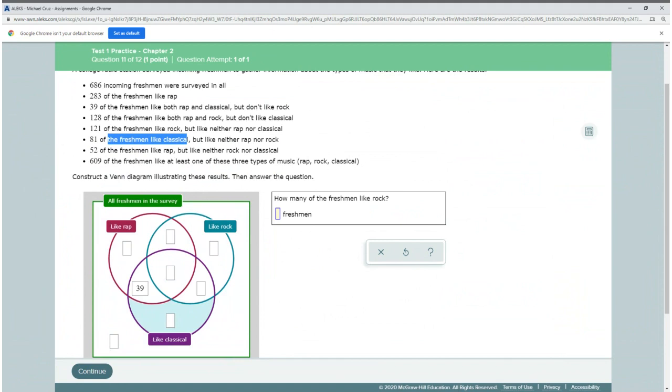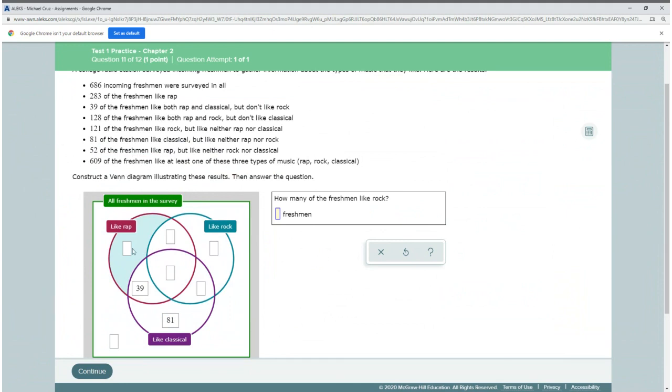Make sense? 81 like classical, but they don't like rap or rock. So that's this right here. That's a way of saying they like classical only. 52 of the freshmen like rap, but neither rock nor classical. Okay, so that's saying that they only like rap.